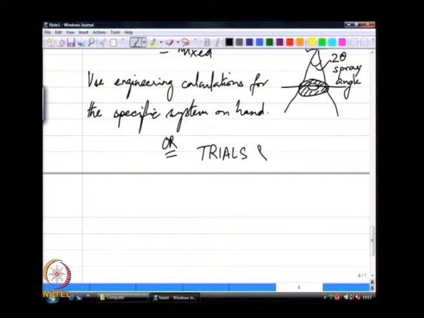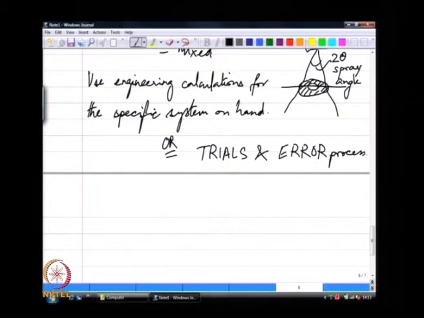Or the second option is to simply go through a trial and error process. So, you try out all the 3 or 4 different nozzles. You basically whittle down from a catalog of a few thousand nozzles down to about 3 or 4. So, your best bet may just be to try out all 3 or 4 and see which one gives you the best performance.